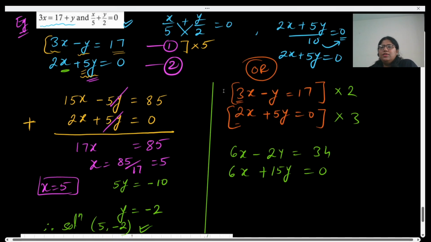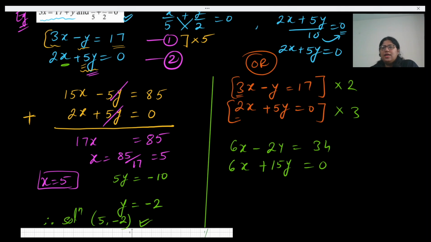Now here if you see, your coefficients have the same sign, plus 6 and plus 6. If you add, you won't be able to eliminate x. So you do subtraction. Whenever there is a subtraction sign, positive into negative is negative, so it will become negative. Here, positive or negative of 0 does not matter, so whether you write any sign or not, it's not going to impact the value.